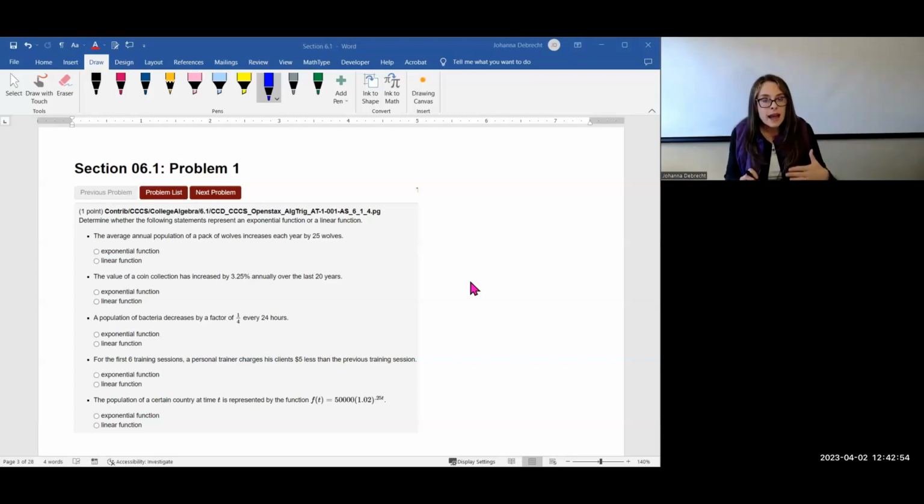Now that does not happen in an exponential. In an exponential, we have this multiplicative factor. So when we're looking at them, we can sometimes tell, oh, I see that each time X increases by 1, I'm multiplying by 2, or I'm multiplying by 1/2. And that would be your multiplicative factor. The other way of thinking about it is that exponential functions are actually increasing by a percentage of what was there before.